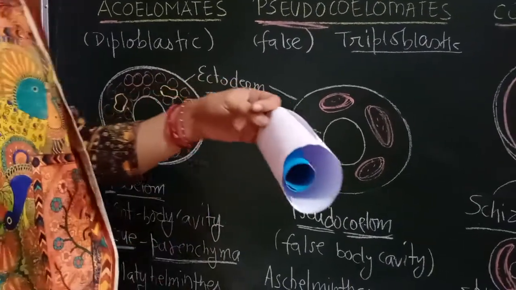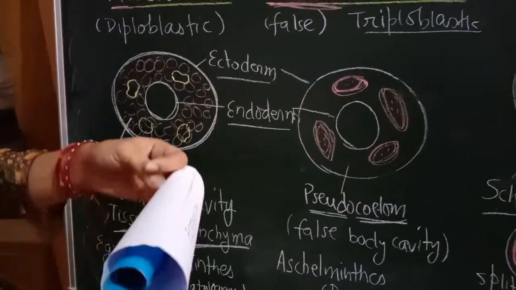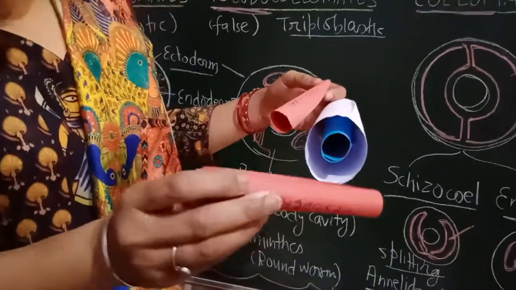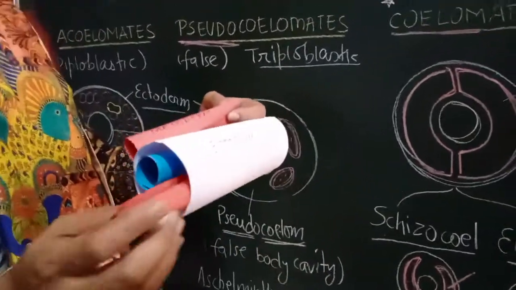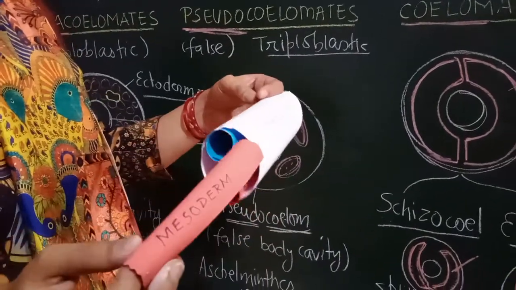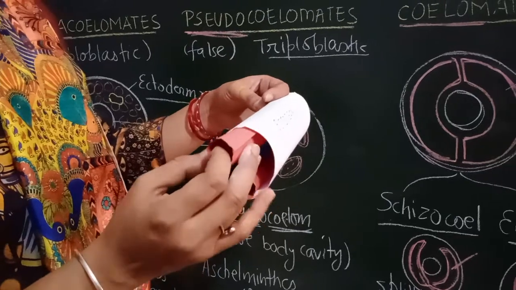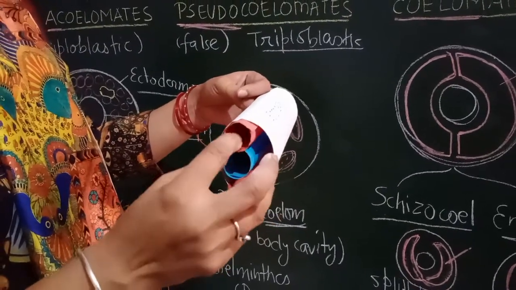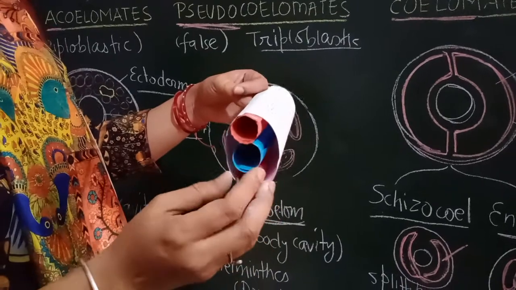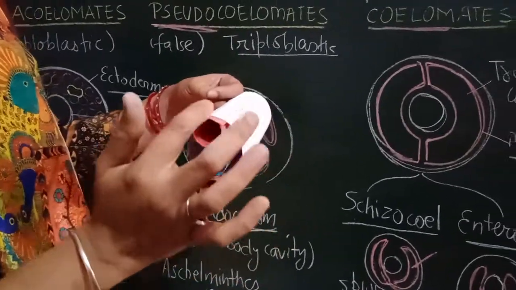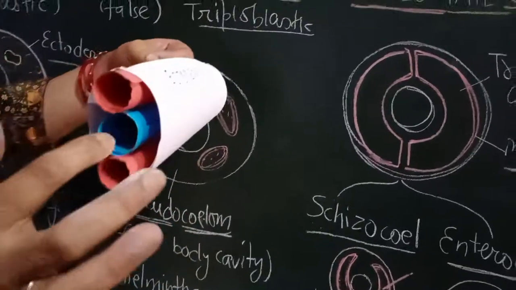Whereas in the case of the coelomates, there is complete involvement of the mesoderm. This is mesoderm. So such type of arrangement is there, that these mesodermal things are there and outer ectoderm, inner endoderm, and properly mesodermal tissue is lining the space.